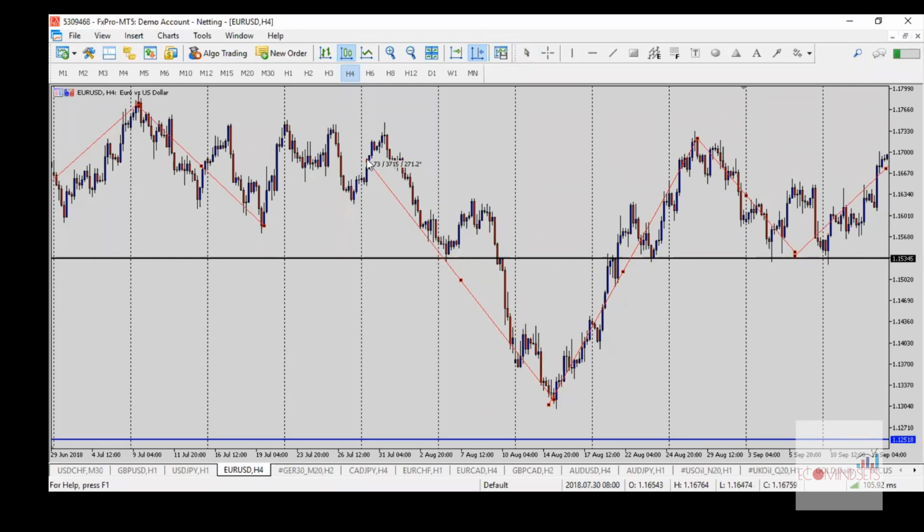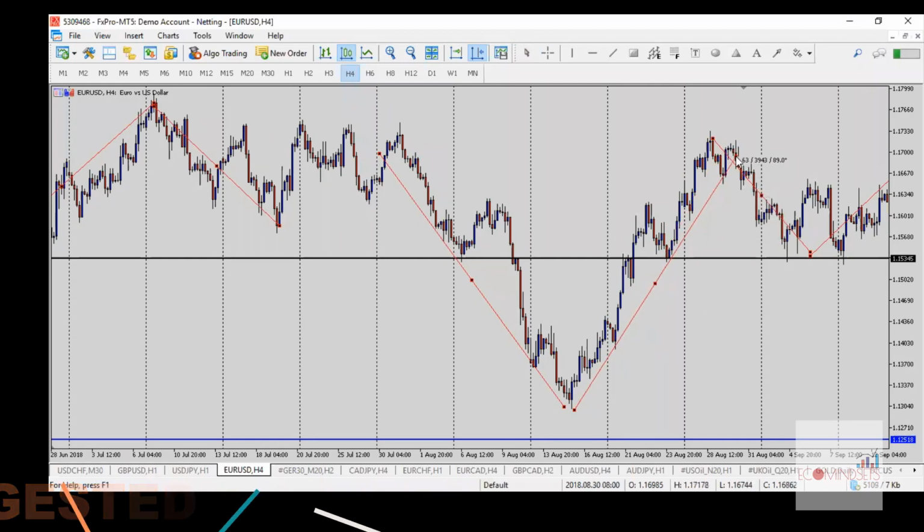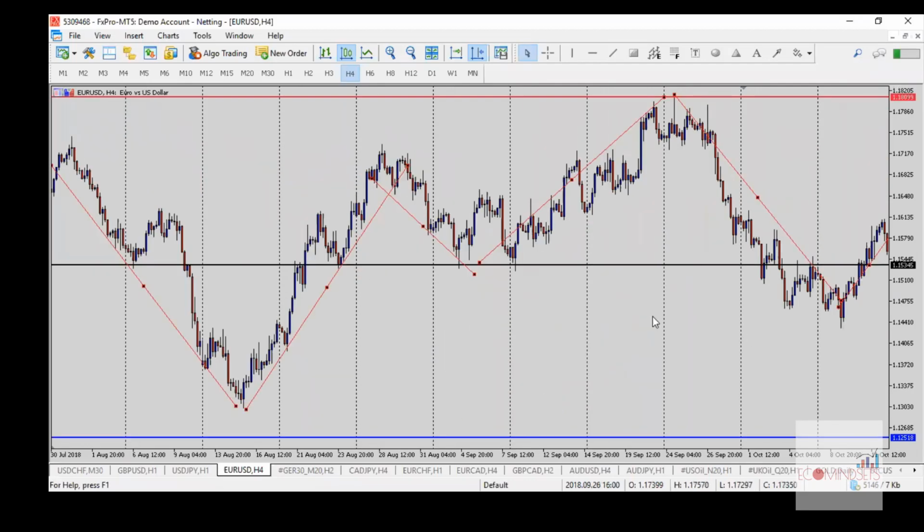So we can see here that market is trending downwards once we draw this trend line here, and then also over here market is trending upward on this 4 hour. Here market broke and it has started trending downwards. Over here also market broke and then is trending upward, and then here also market broke and is trending downward.